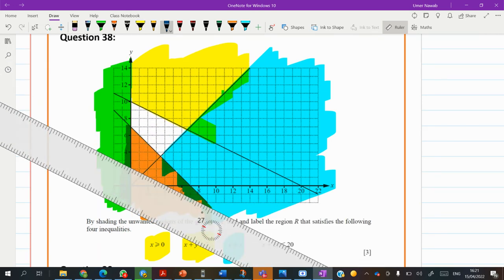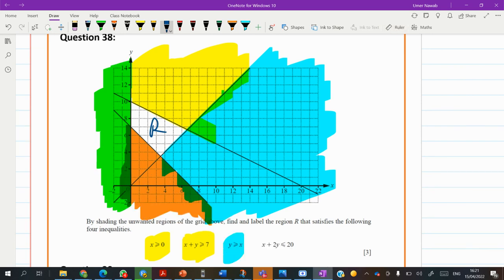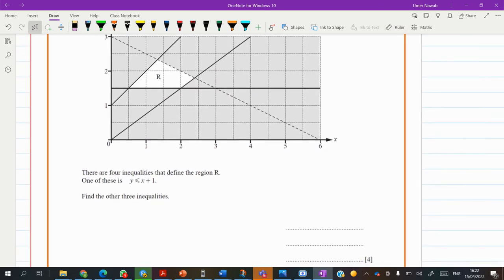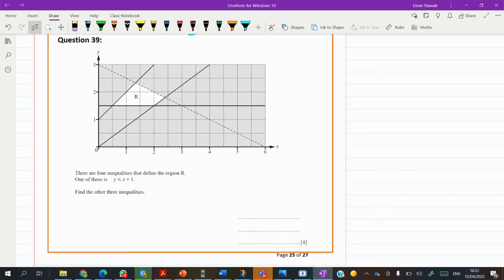So this is your R. Next, we need to write the inequalities. Guys, this is y equals 1.5, so y is greater than or equal to 1.5. This line is already done. So c is equal to 0.